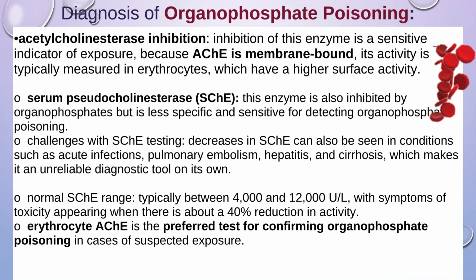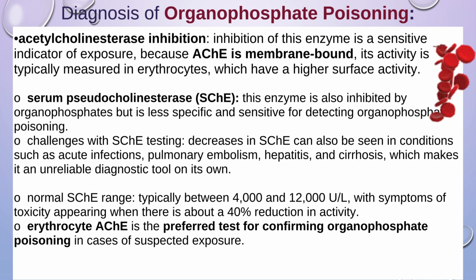Decreases in SChE can also be seen in conditions such as acute infection. So this one is not so specific because we can also observe this in other disease states. So we should not rely much on serum pseudocholinesterase. It's really best to use acetylcholinesterase inhibition.